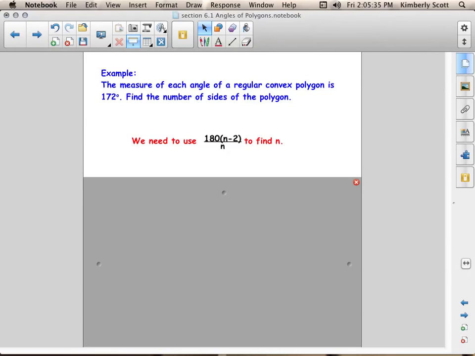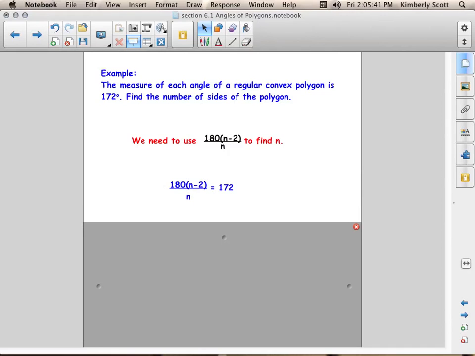180 times n minus 2 divided by n. This will help us find n. But how is it going to help us find n? Just like this. We know that this is the formula for the number of degrees in the interior angles of the figure, and we know that each one of them is going to be 1/n of that.